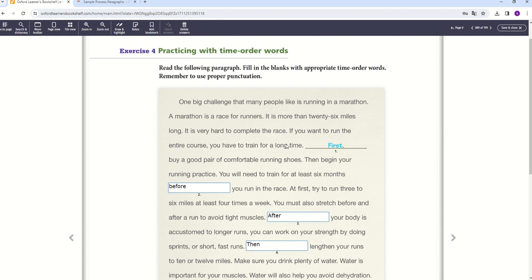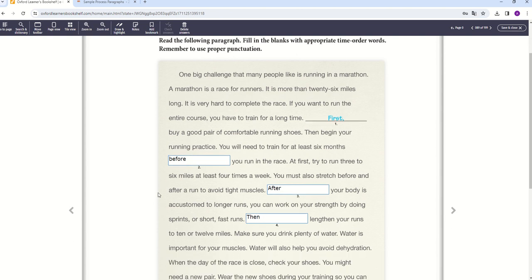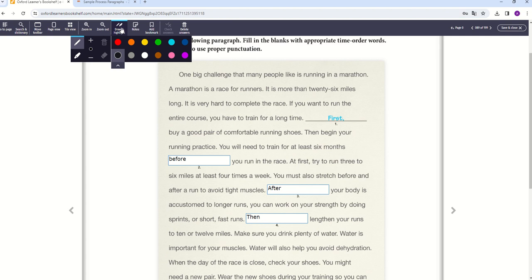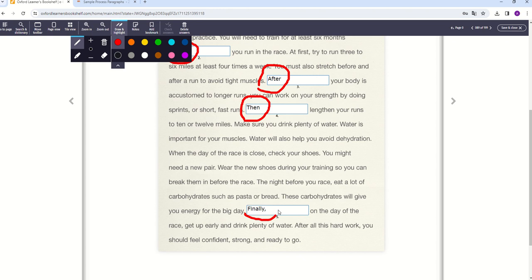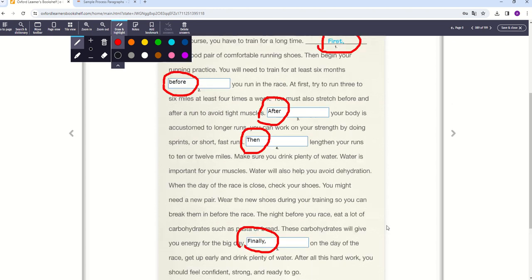And there are five steps to prepare for running in a marathon. We can notice them from the time order words, which are first, before, after, then, and finally.